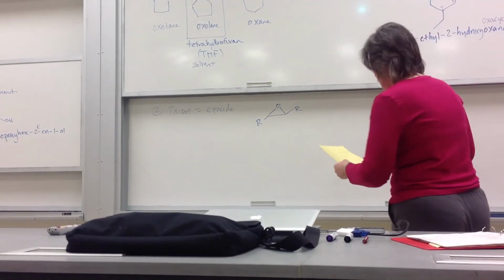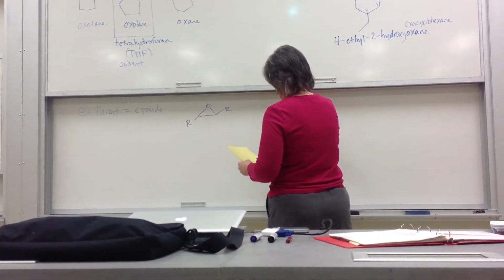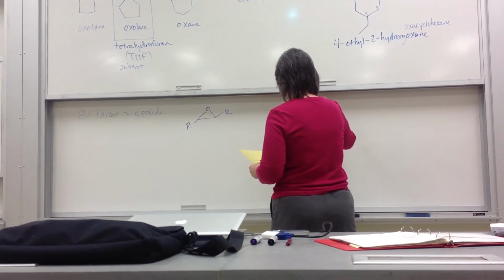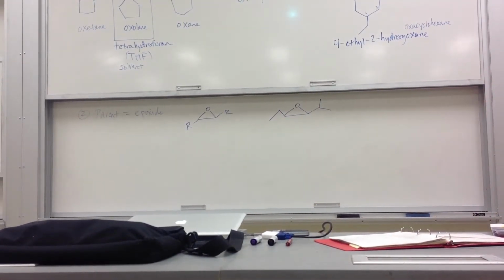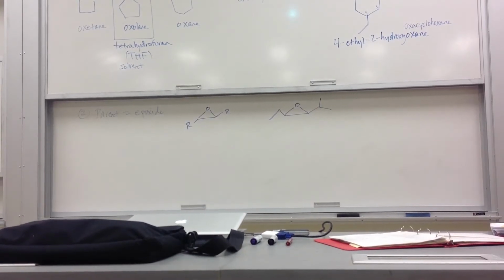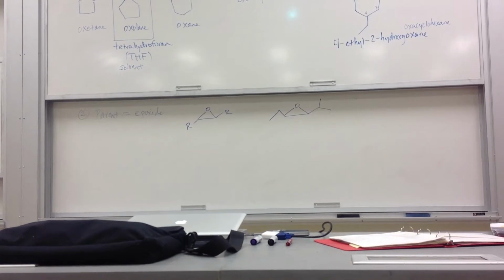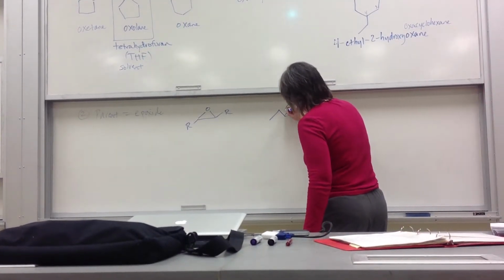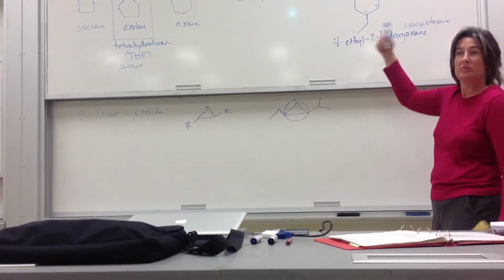So an example for this one, let's do something like that. It would be perfectly acceptable to name this as an alkane with an epoxy substituent, just like we did over there. Totally okay. But you can also name it as, this is my parent, just like we did with this thing, and then just put the groups off of it.